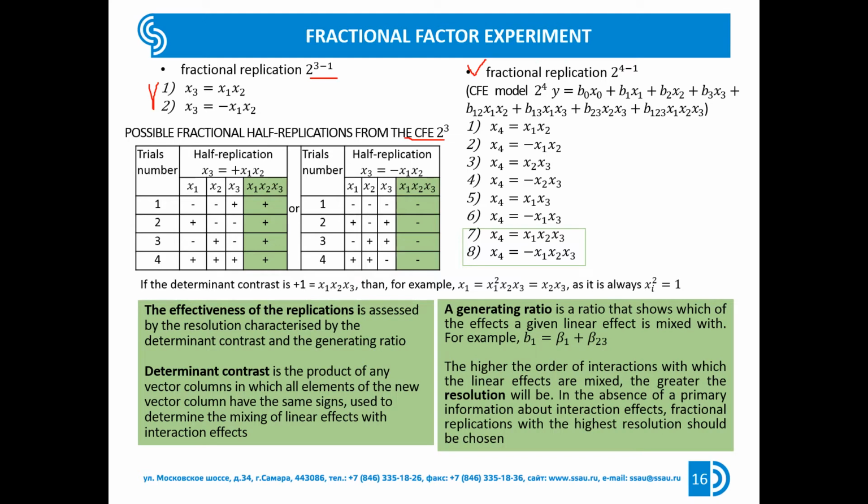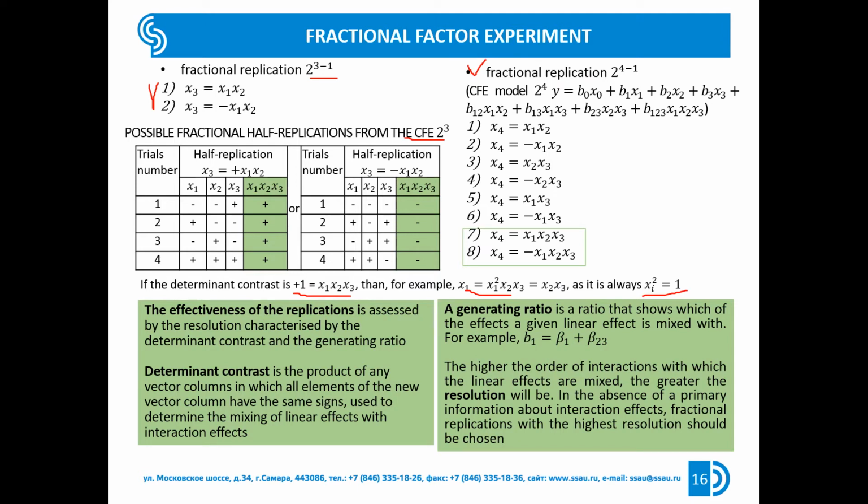To determine which effects, double, triple, etc., are mixed with a given linear effect, multiply both parts of the determining contrast by this linear effect. If the determining contrast is this, then we obtain this, as it's always x to the power of 2 equals 1.